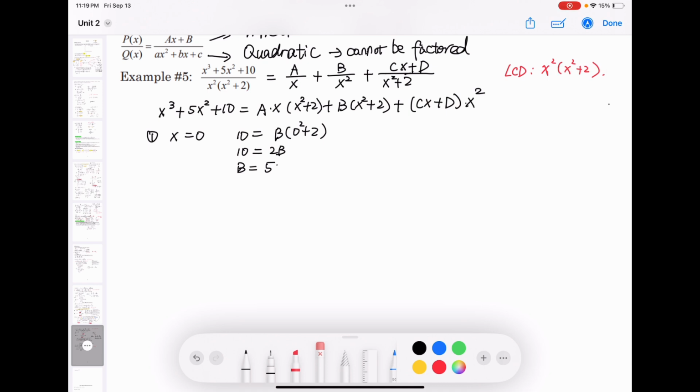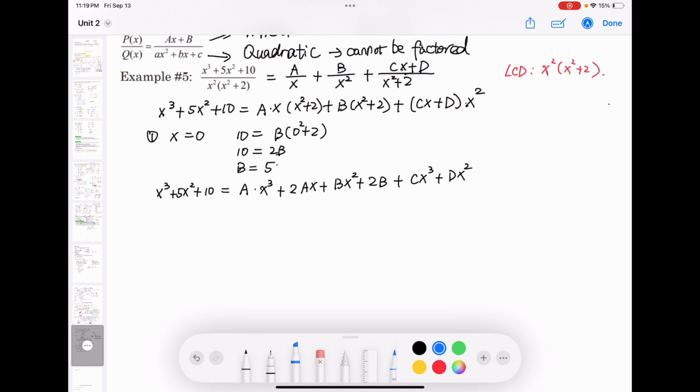So expanding my right-hand side, we have x cubed plus 5x squared plus 10 is equal to a times x cubed plus 2ax plus bx squared plus 2b plus cx cubed plus dx squared.